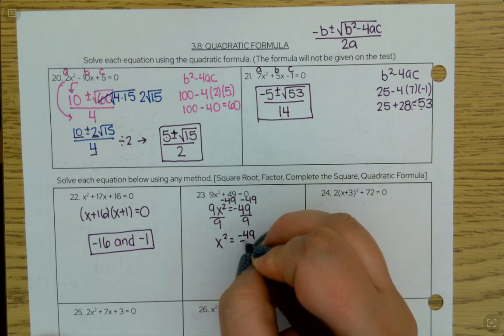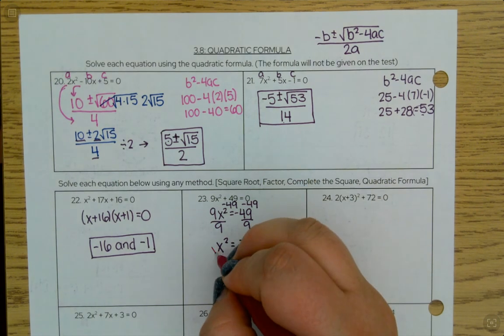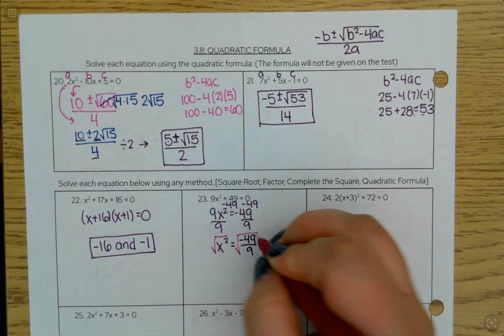It doesn't divide nicely, so we're just going to leave it as a fraction for right now. And you can just use the square root to get x all by itself. So you don't have to worry about factoring or completing the square or quadratic formula. You can just square root both sides right here. Don't forget your plus and minus though.